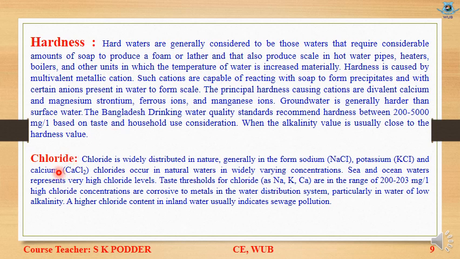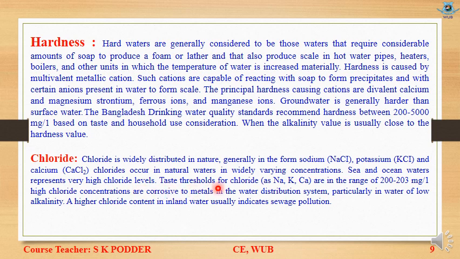Another parameter is chloride. Chloride is widely distributed in nature, generally in the form of sodium chloride, potassium chloride, and calcium chloride, and occurs in natural waters in widely varying concentrations. Sea and ocean water represent very high chloride levels.